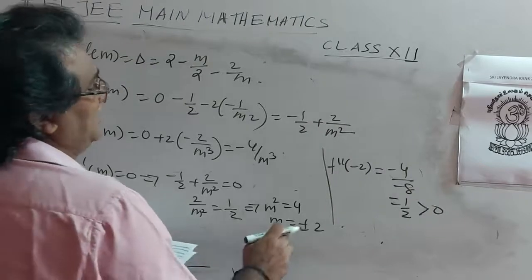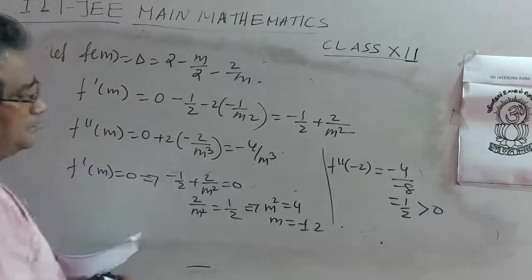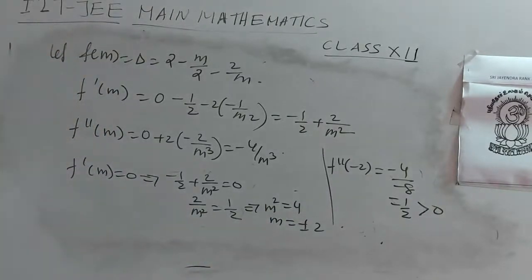So when m takes the value minus 2, the area is minimum.